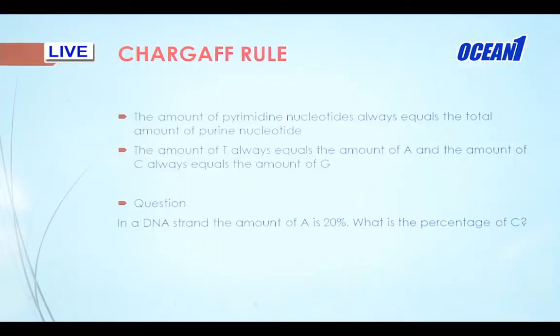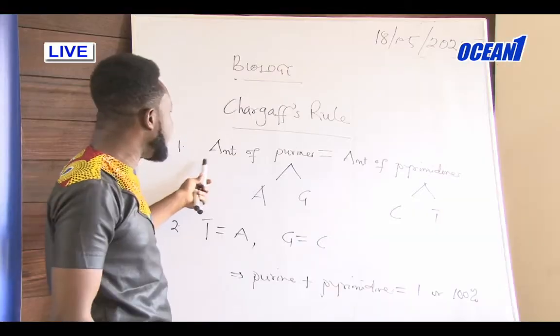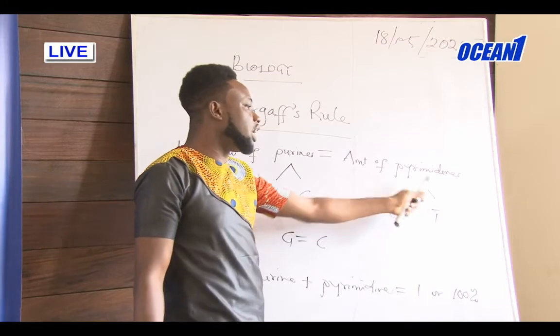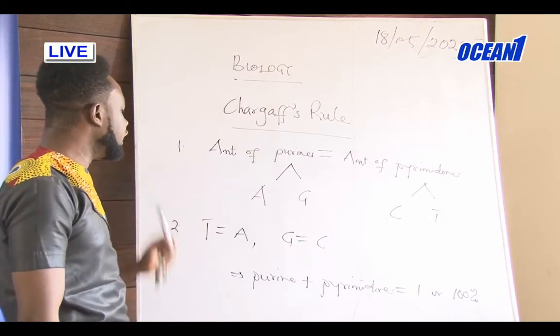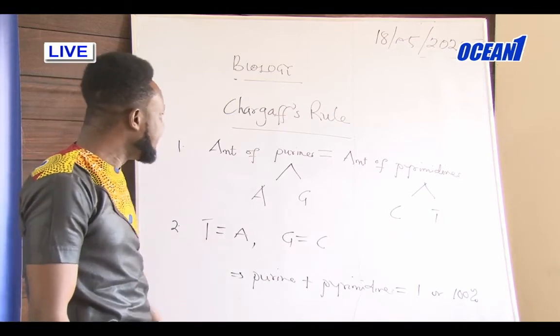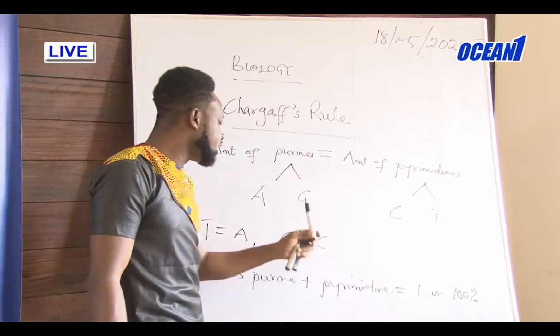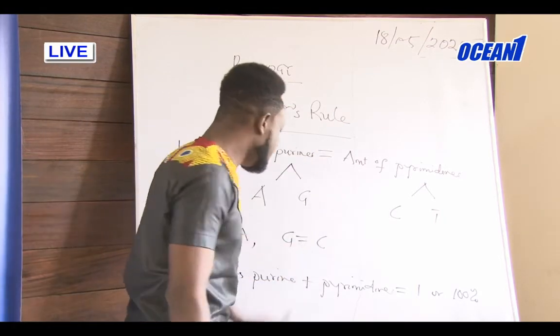Please do not forget these rules. One, the amount of purine is equal to the amount of pyrimidines, and two, the amount of thymine is equal to the amount of adenine, and the amount of guanine is equal to the amount of cytosine.